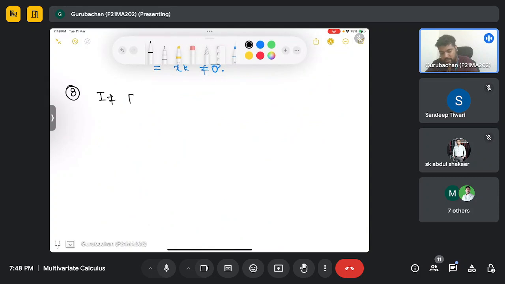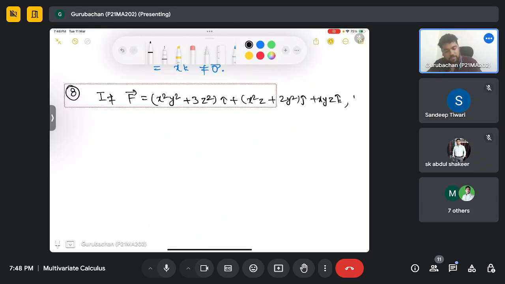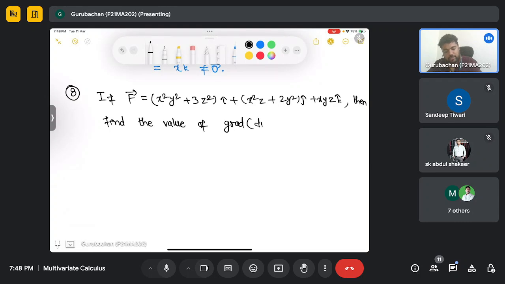If the vector field F is given as (x square y square plus 3 z square) i cap plus (x square z plus 2y square) j cap plus xyz k cap, then find the value of the gradient of the divergence of F at some point P, that is (1, 1, 1).